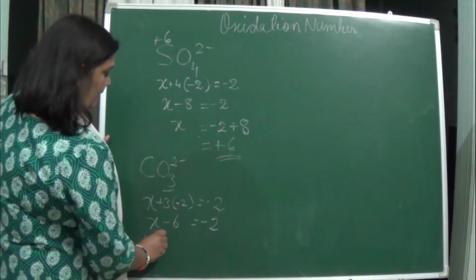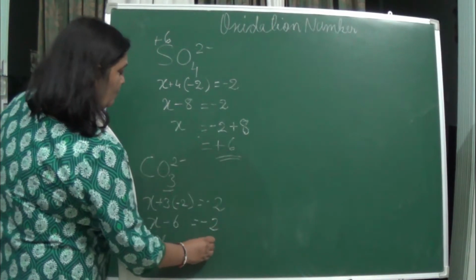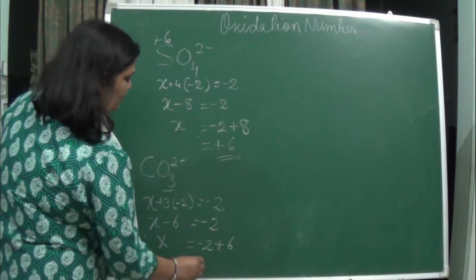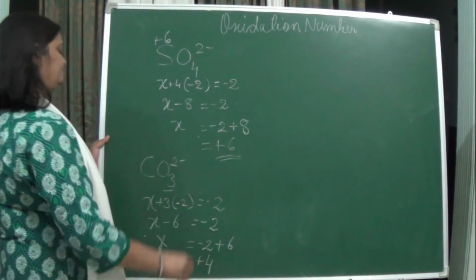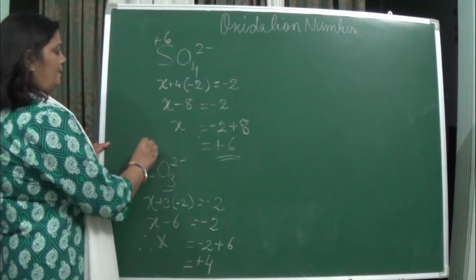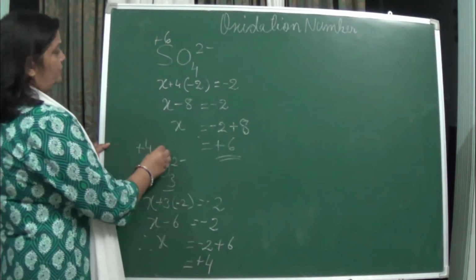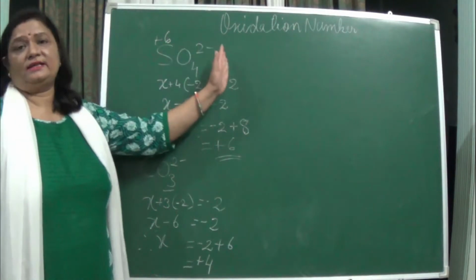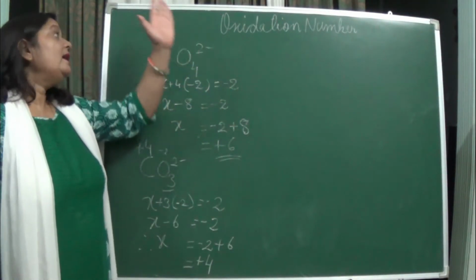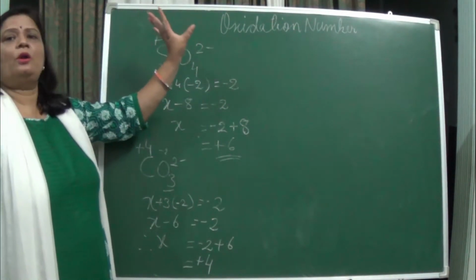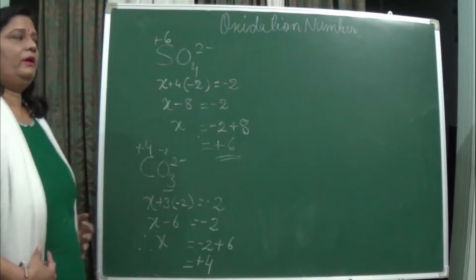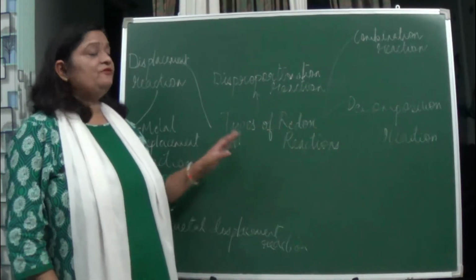Therefore x is equal to minus 2 plus 6, that is equal to plus 4. So carbon is plus 4, and oxygen you all know is minus 2. Remember that if charges are there, you write it on the right hand side and then solve it. If charges are not there, you take 0 on the right hand side. Now let us study types of redox reactions.